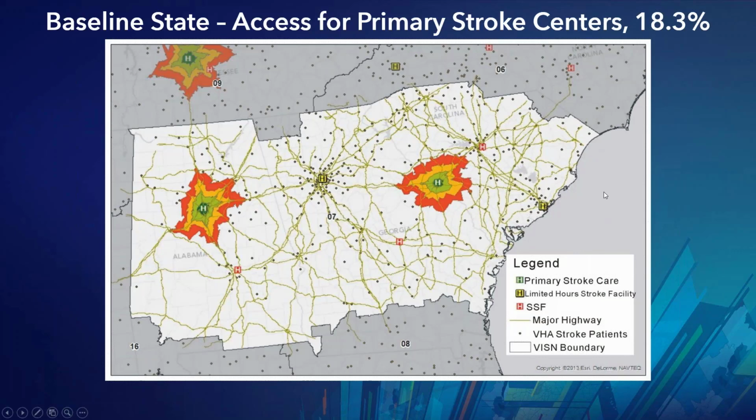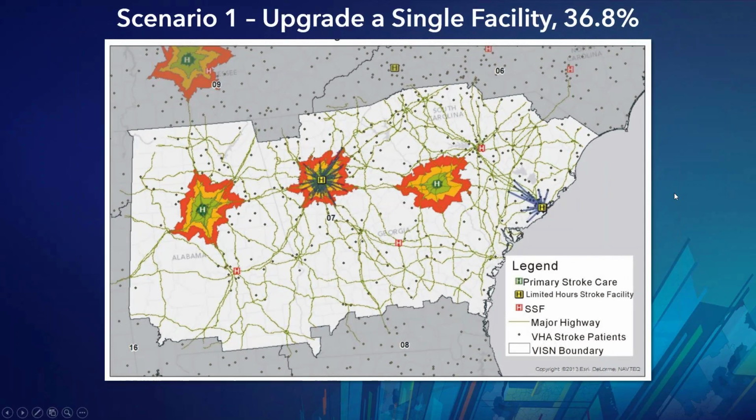Then they looked at upgrading a particular facility and enhancing its overall capabilities, maybe going after JCO stroke certification, and how would that increase their overall capability to serve veterans using the facilities that have the training and the services that are needed. So by using one facility, they were able to increase their capacity by 36.8%.